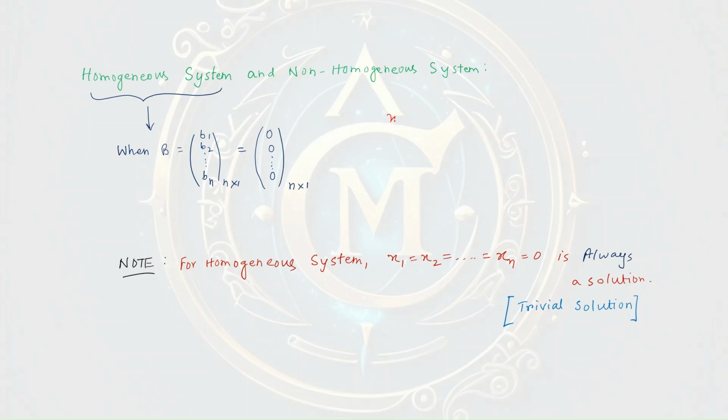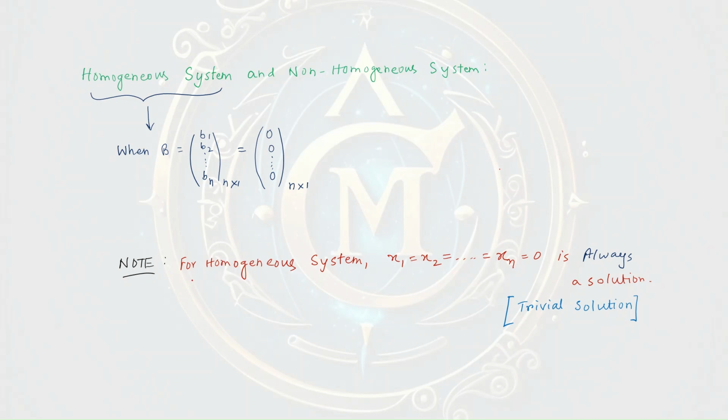We can take the example x plus y plus z equal to 0, then 2x plus 3y plus 4z is 0, then x minus y minus z is 0. It is an example of a homogeneous system in 3 variables. And a non-homogeneous system is a system which is not homogeneous. So there may be some finite number here, like 1, minus 1, in any of them.